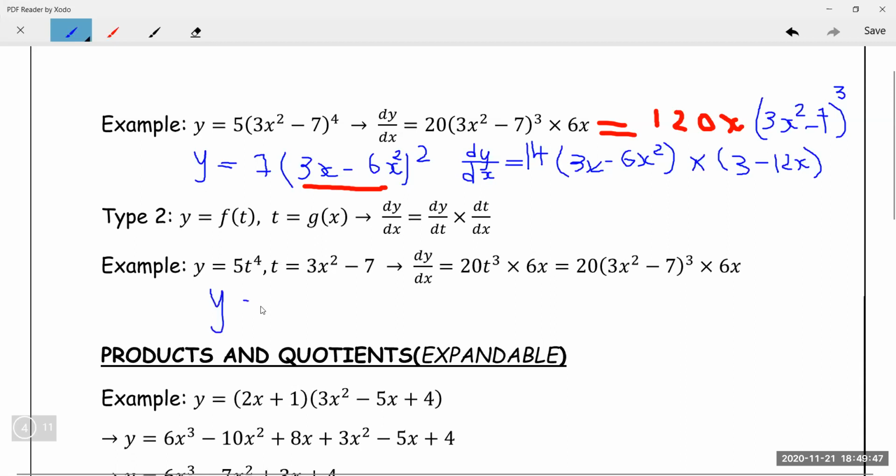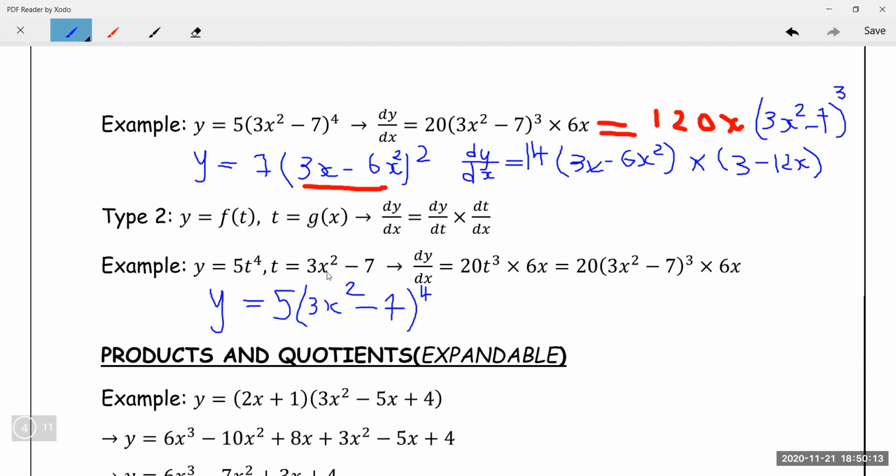We could have said that y is equal to 5 times t to the 4. But what is t? t is 3x squared minus 7, to the 4th power. So this would be y. All I did was replace t with 3x squared minus 7.